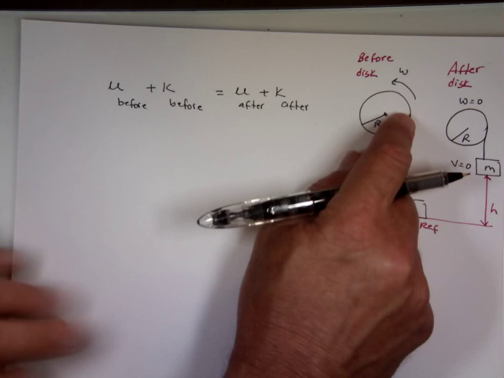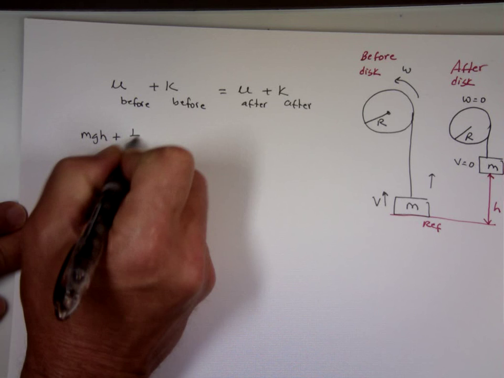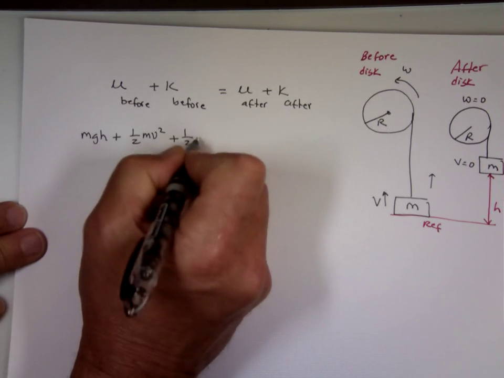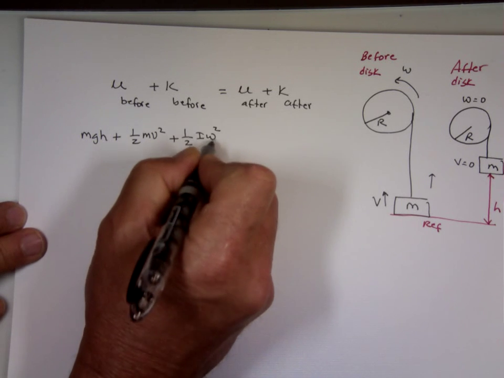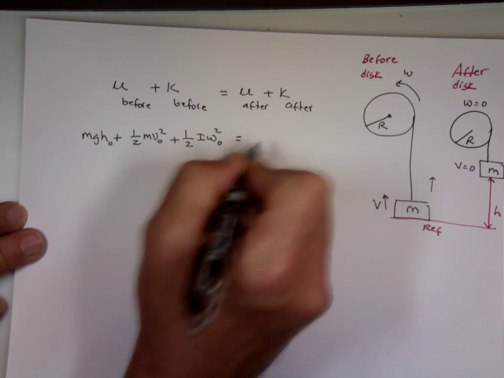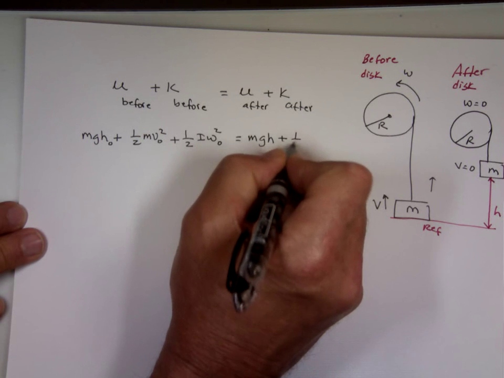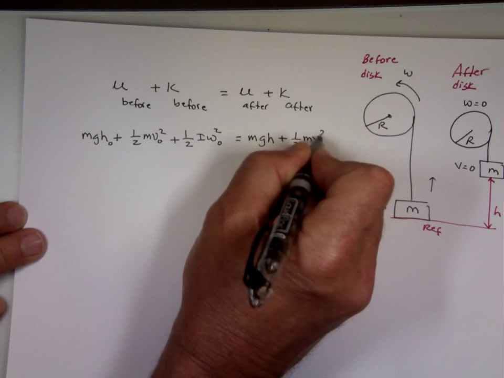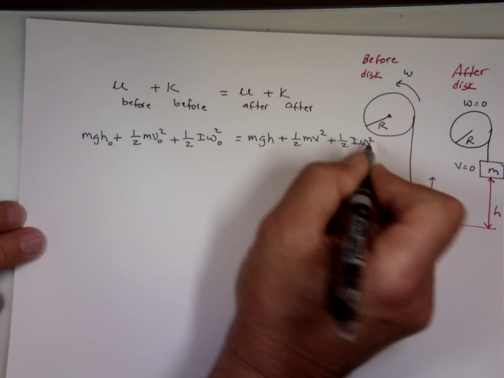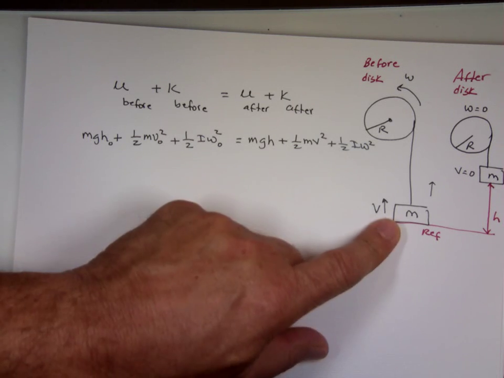So mgh plus 1/2 mv squared plus 1/2 Iw squared. These are the initial ones, the before, equals mass times gravity times final height plus 1/2 m v final squared plus 1/2 Iw squared. Kinetic energy of this one moving up, kinetic energy of this pulley spinning.